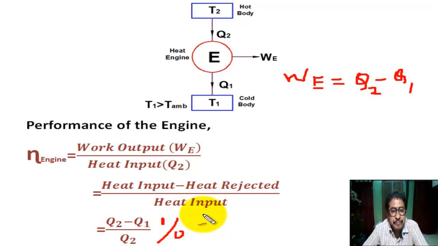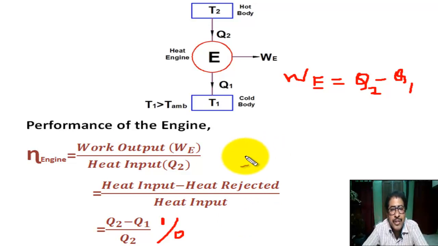Heat engine operates at around 30 to 50% efficiency due to some practical limitation.